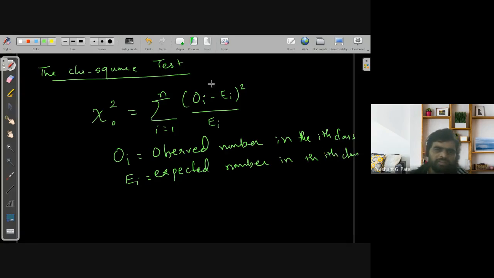In general, it's the observed value minus expected value, squared, upon expected value.